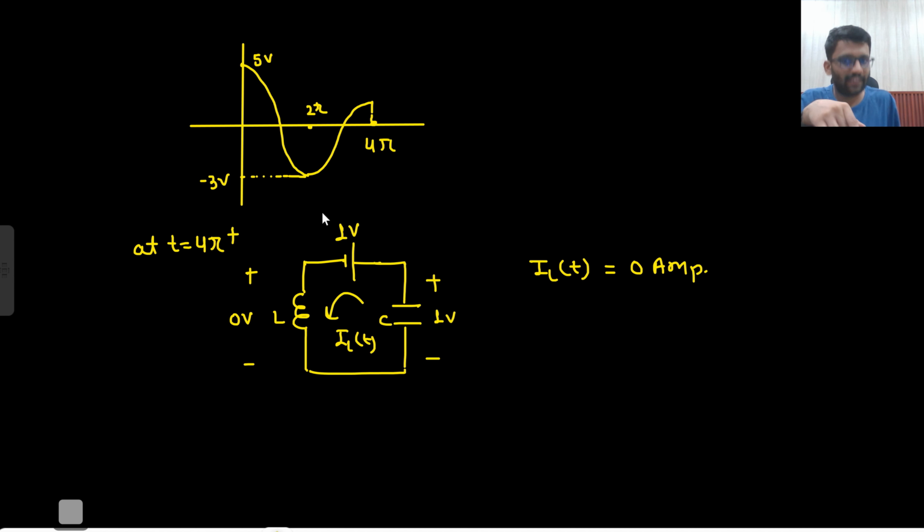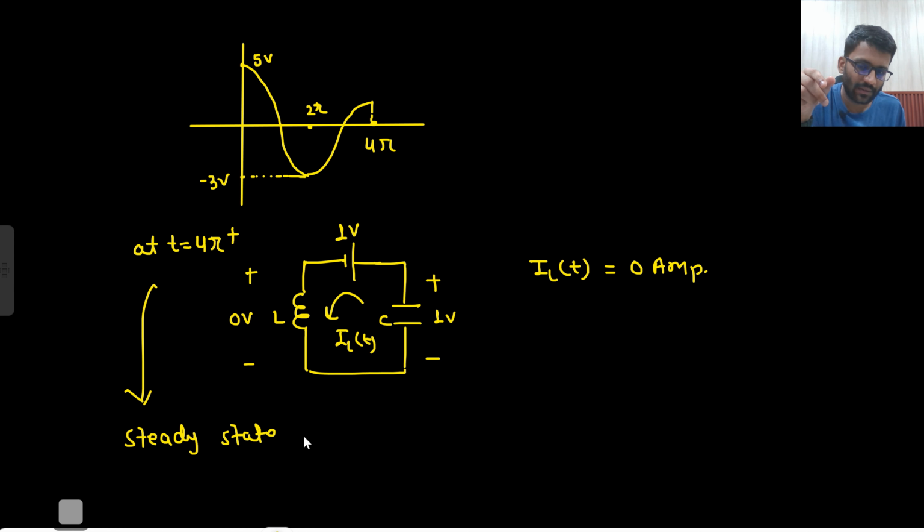So after this condition, the steady state has been reached. At t equals 4 pi, steady state has been reached. So this is the steady state condition.